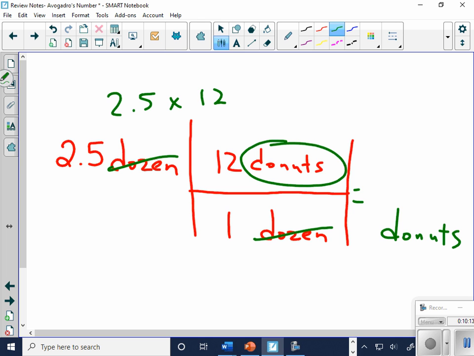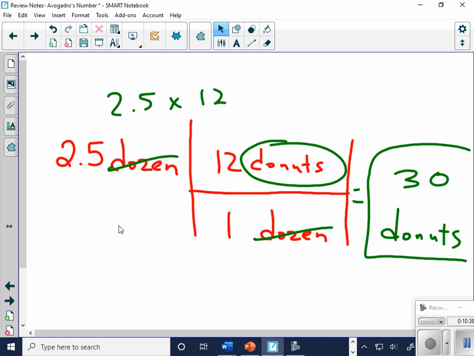So what's 2.5 times 12? 12, 24. 24 and 6 is what? 30? So 2.5 dozen is going to be equal to 30 donuts. Okay, you've done a conversion. You've used now, folks, a conversion box to convert from dozens to donuts.